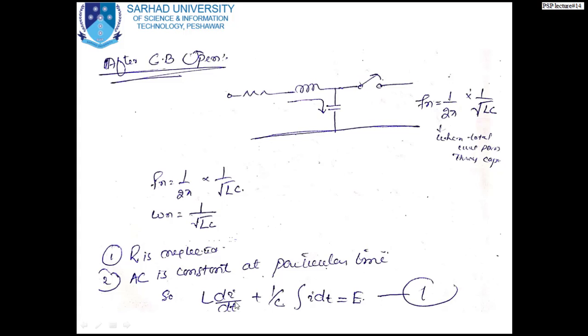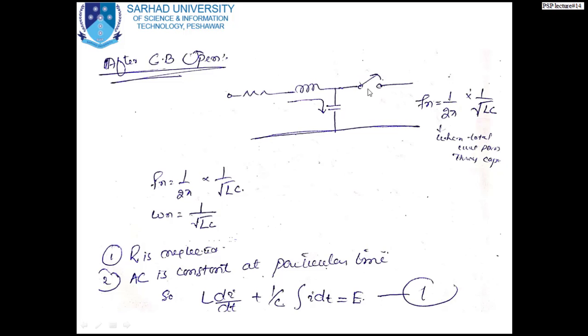So this is the differential equation representing the scenario when the circuit breaker is opened. When the circuit breaker is open, the current is diverted to the capacitor, because when the fault occurred there was no capacitive current.